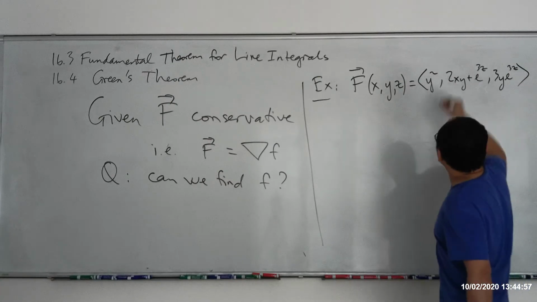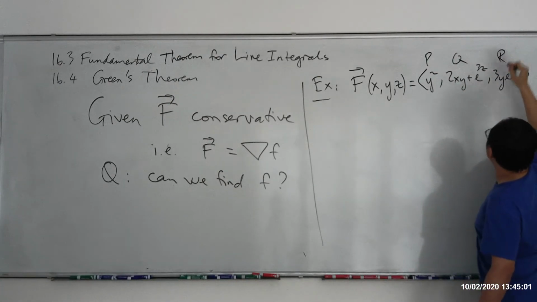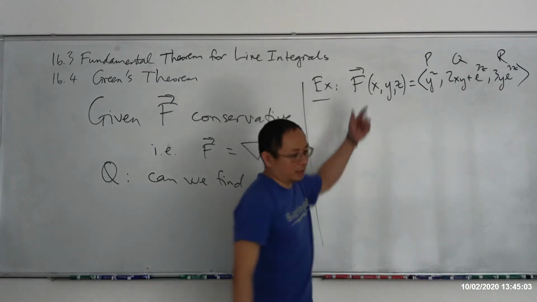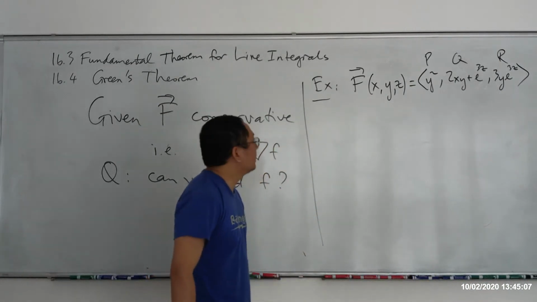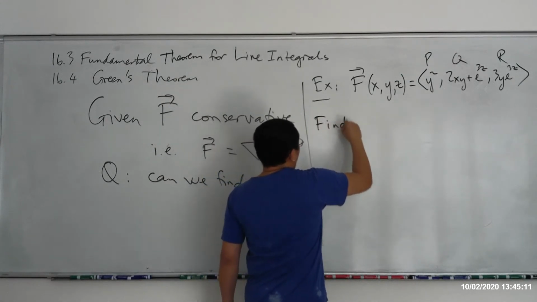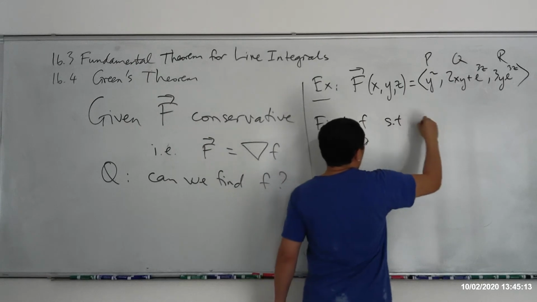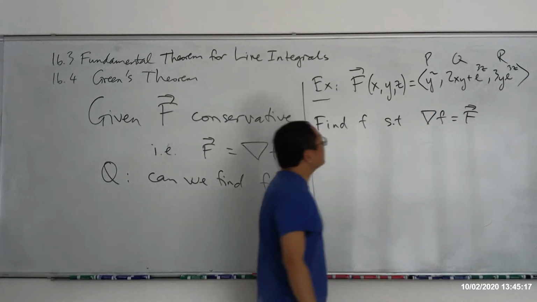Okay, so this is my p, this is my q, this is my r. And I'm telling you what, this F is conservative. So find f such that gradient of f is equal to big F.